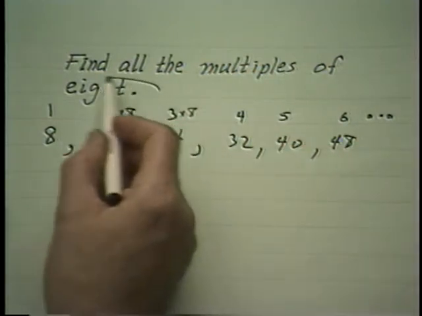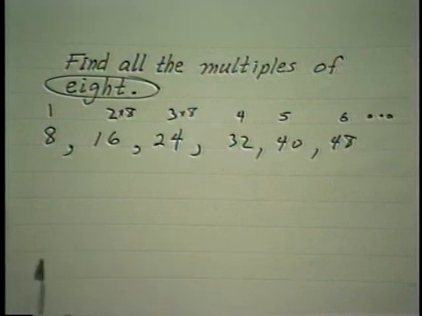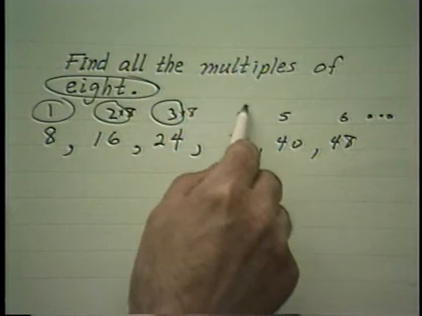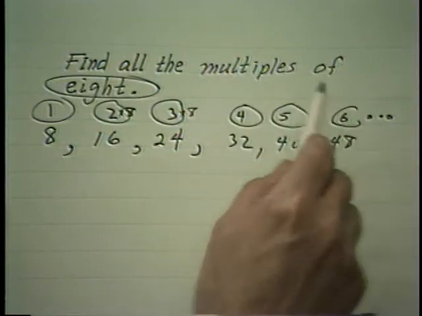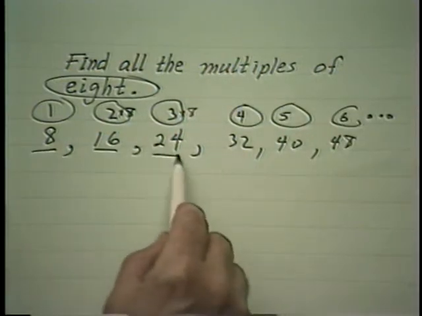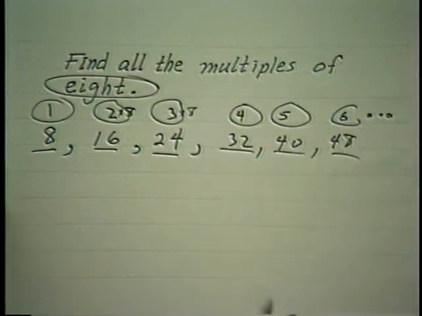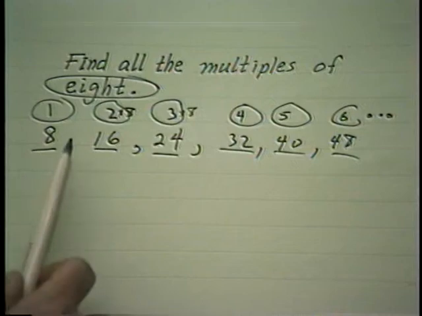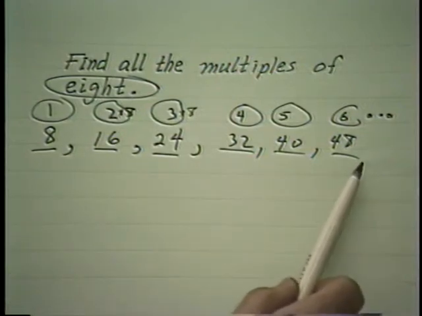So if we're trying to find the multiples of 8, all we have to do is take all the counting numbers and one by one multiply it by 8. And what we get is a string of all the numbers that 8 will divide back into.